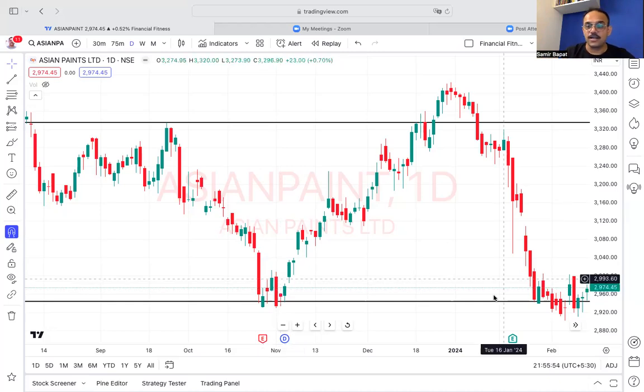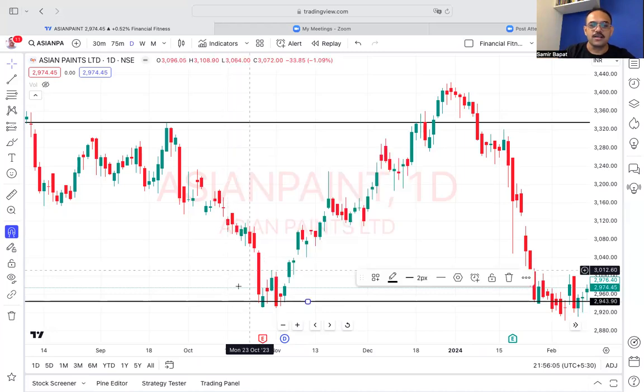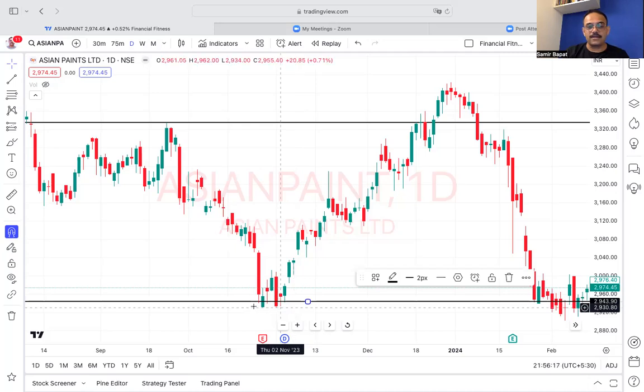Fixed levels means, let's say this is at 2945. Earlier, when I read the books, they would say it will be near round numbers. But later I realized that it is not fixed numbers, it is actually a band. So we have to look for a band.